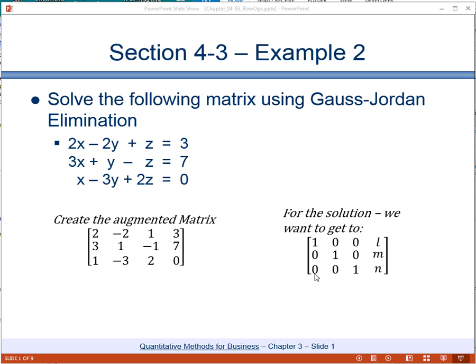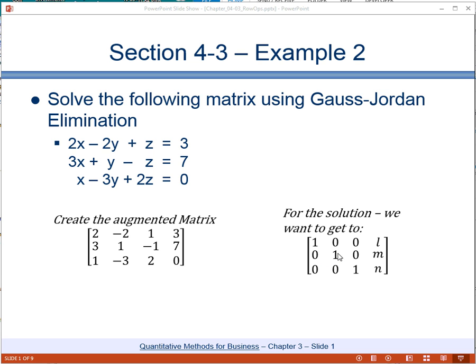As you do these row operations, you have to keep track of all the values in the other columns. The numbers out here on the right are going to change as we go, but as long as you keep them straight, you don't care what they are until you get to those columns. So start off by getting 1, 0, 0 in column 1.